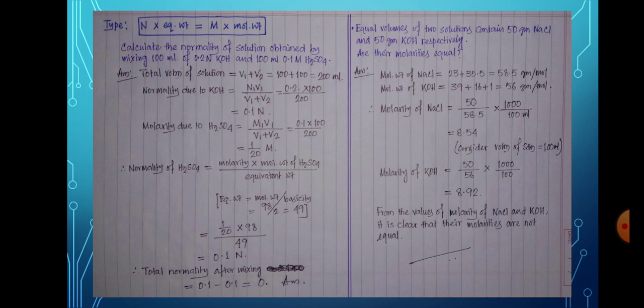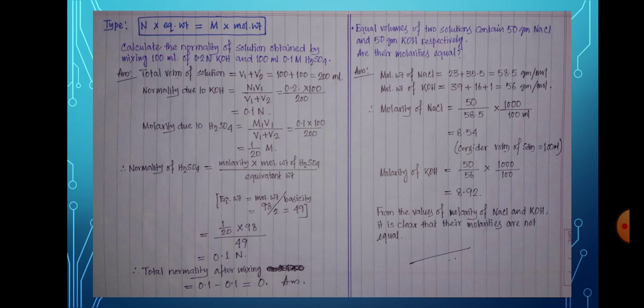Now equivalent weight, whenever we calculate for any acid, just follow this equation. Equivalent weight equals molecular weight divided by basicity, that equals 98 by 2 equals 49. We know any acid when it produces H+ ions, then the number of H+ ions is known as its basicity. Here sulfuric acid after dissociation produces 2 H+ ions.